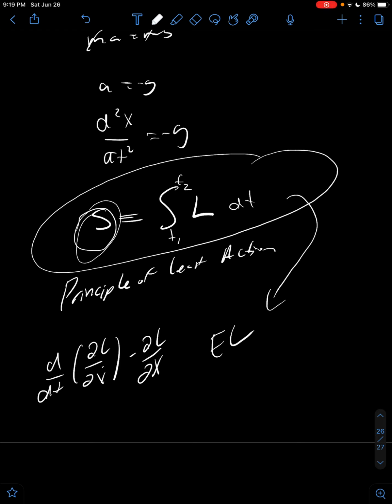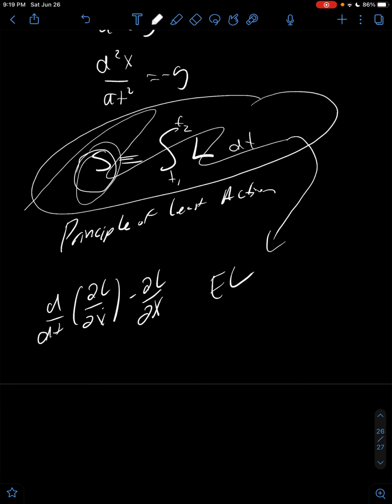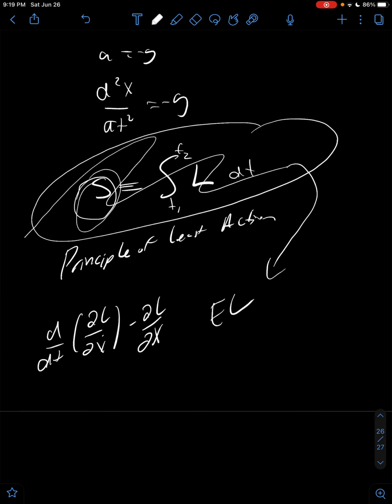And from that, your Euler-Lagrange equation is pretty much the geodesic equation. In quantum mechanics, your Euler-Lagrange equation is really just the Schrodinger equation. So that's a really cool thing. It's so general. It applies to so many cases. It's one of the most beautiful equations in physics, in my opinion. Not this equation, the Euler-Lagrange equation.